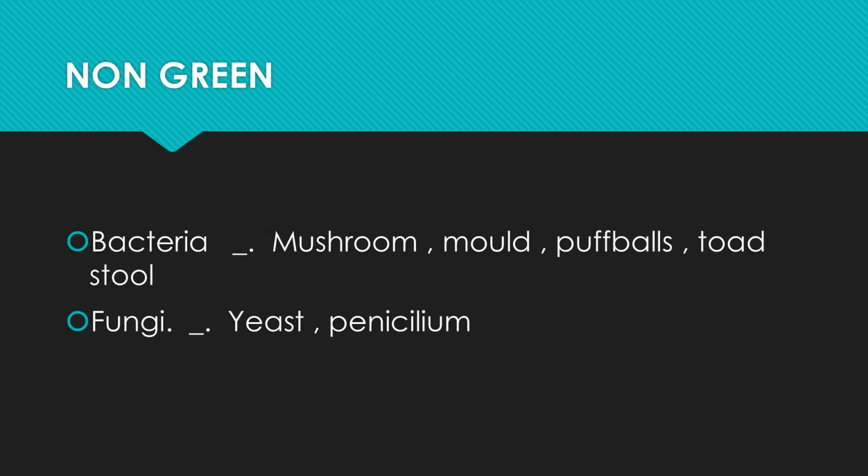Non-green, pupils. Non-green, they are as follows. Bacteria. Examples of bacteria we have mushroom, molds, bracket fungi, toadstool. Fungi. Fungi we have yeast and penicillium.